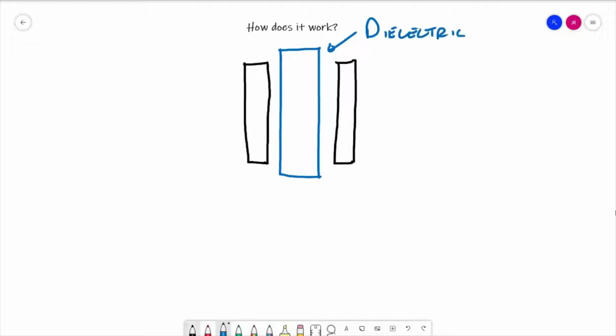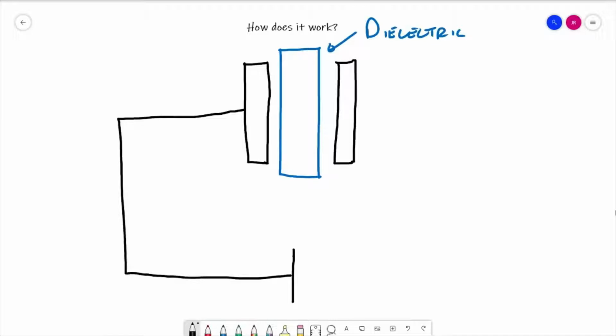Okay, and our two conductors. Now what we're going to do is take those two conductors and connect them to some kind of power supply. Okay, so we'll just say for now that that is just a simple battery or something like that.